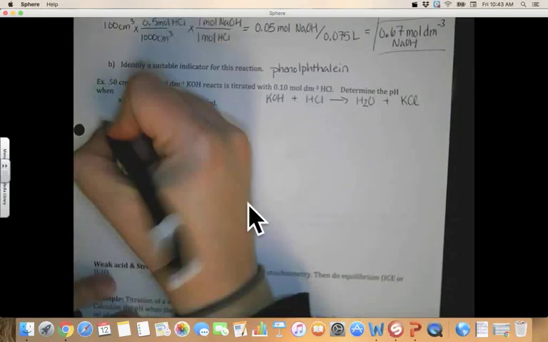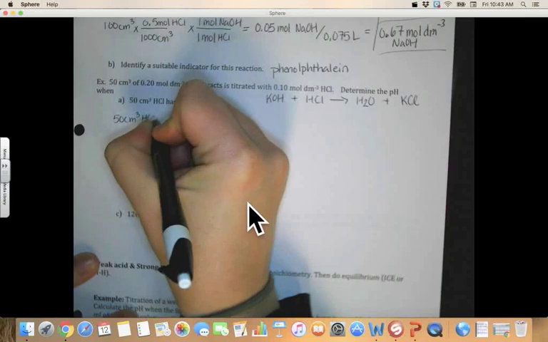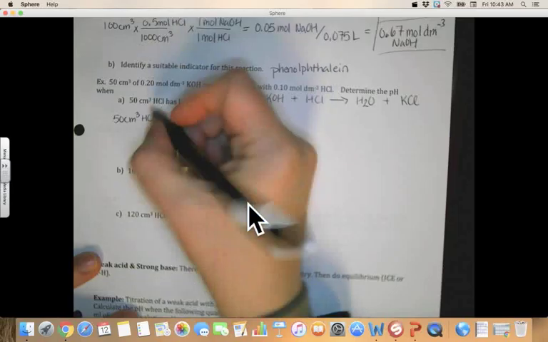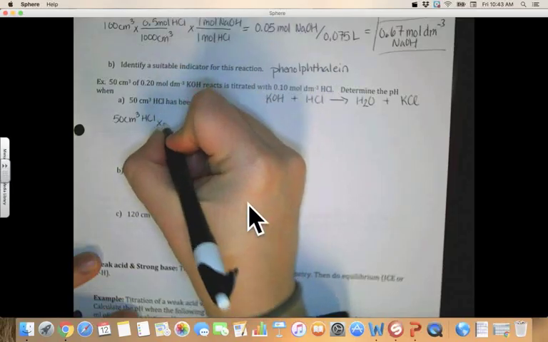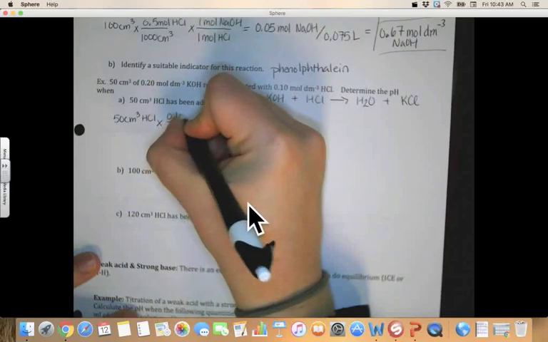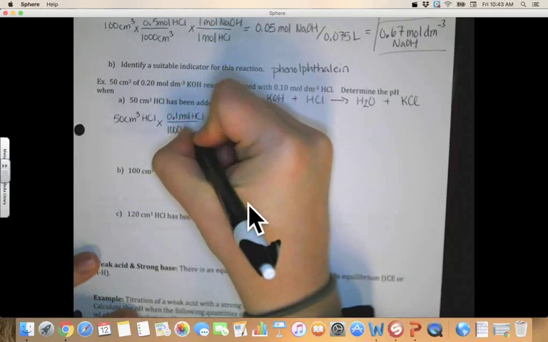So let's start off with our 50 cubic centimeters of HCl and figure out what volume of potassium hydroxide is left unreacted. So my HCl is 0.1 molar, 0.1 moles for every 1,000 cc's.